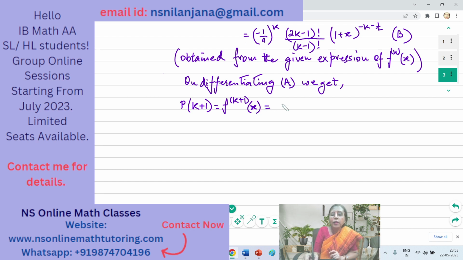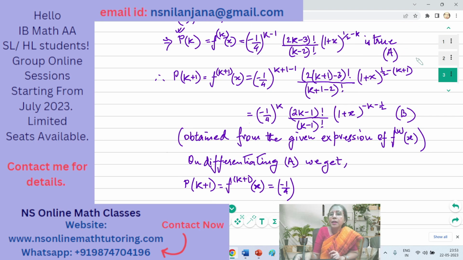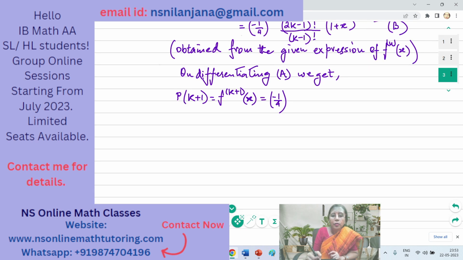First of all, we will be writing the coefficients. So it will be 1 over 4 raised to the power of, this is the equation A, k minus 1. The coefficients should be written first of all.